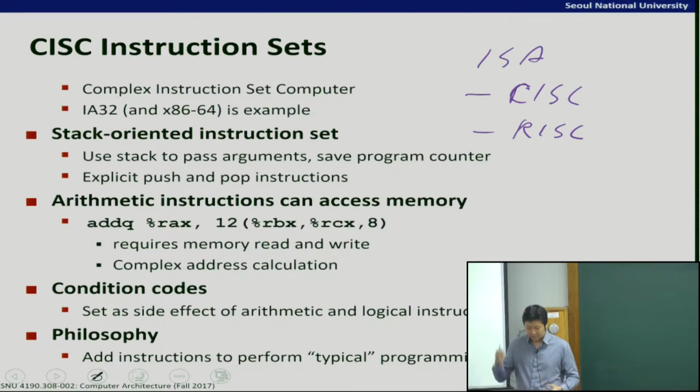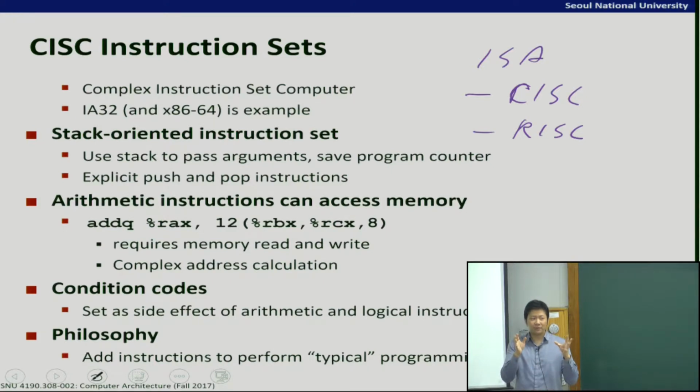So there are several features of a typical CISC architecture ISA. They are basically a stack-oriented instruction set. Because in CISC architecture, your instruction decoding logic becomes very complex, because your hardware becomes very complex with many complex instructions.